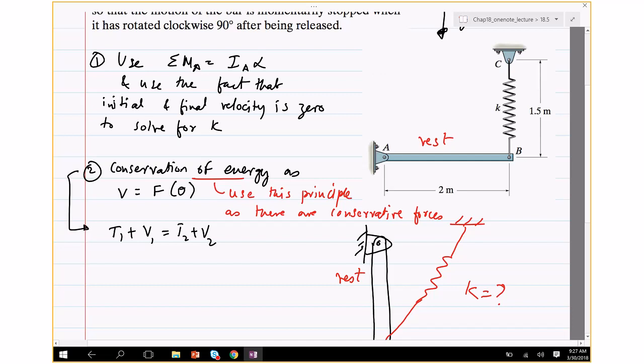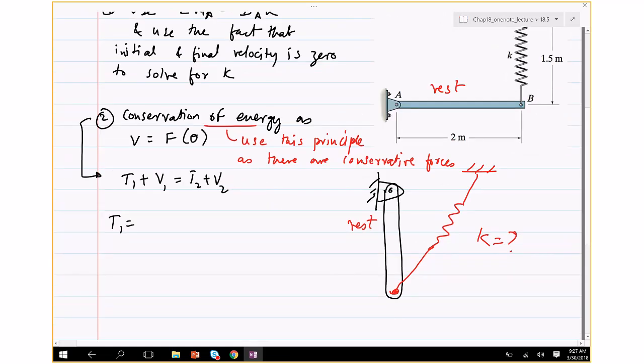Okay, so what's the initial kinetic energy T1? It's 0. However, if it was released with a non-zero velocity, how would you find the energy of the rod? It's half I_A omega squared, where I_A is the inertia about A. You have to use the parallel axis theorem to find I_A. What's the final kinetic energy?